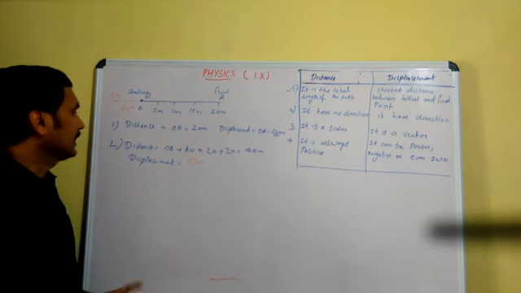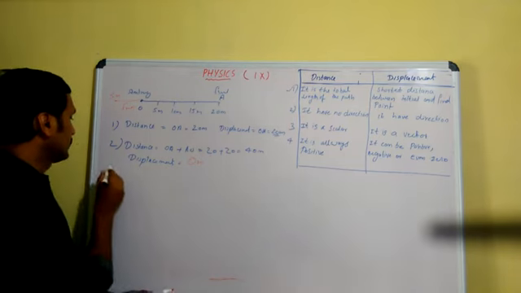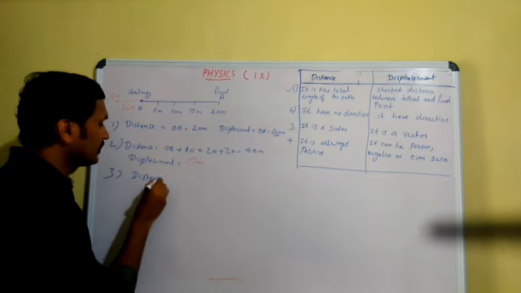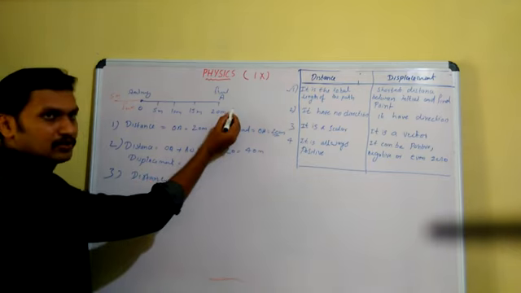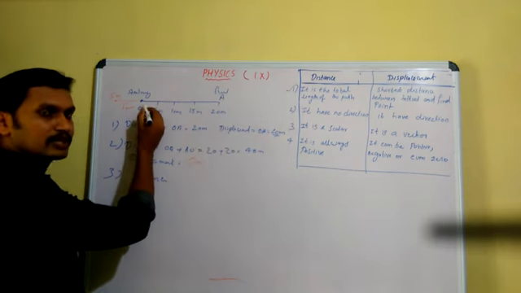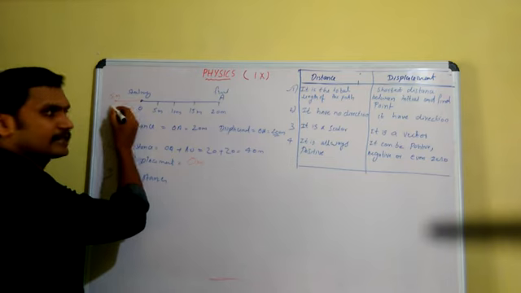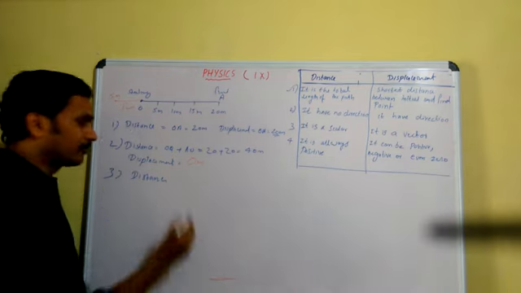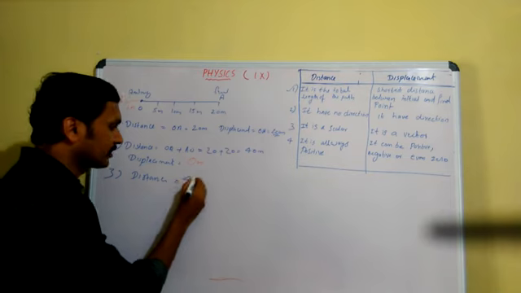So let us again find the distance. It covers 20 meter towards A and 20 meter towards O, 20 plus 20 is 40, plus 5 meter towards left of the starting point. So the distance is 45 meter.